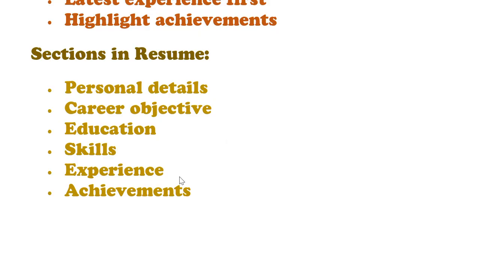Both skills and experiences are different. You may have a lot of skills, but you may not be experienced. You may not have any working experience in some skills. So finally, you can show your achievements. These are the 6 different areas that should definitely be included in your resume.